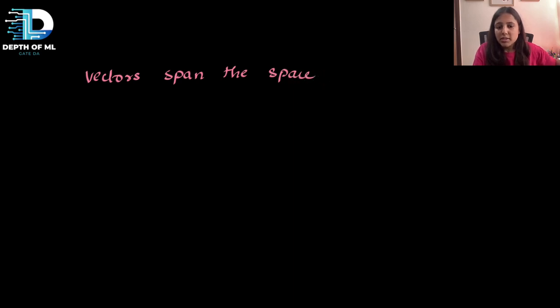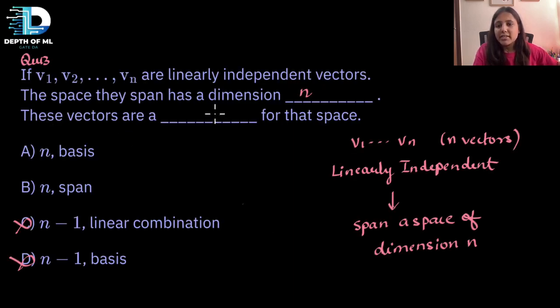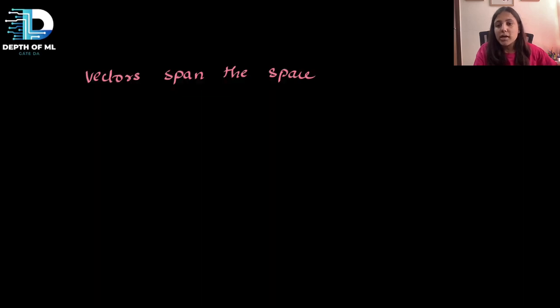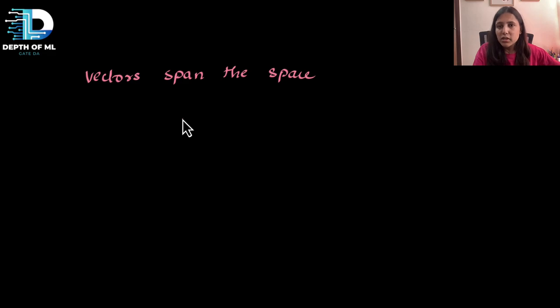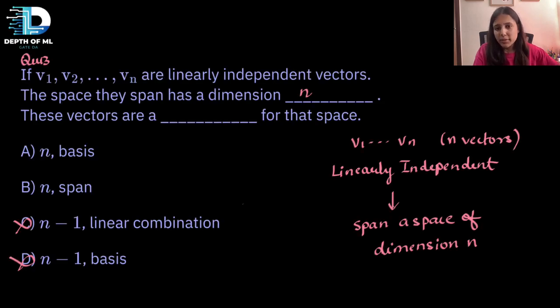A vector space is spanned by these linearly independent vectors, but it's not the case that these vectors are a span for that space. The space is spanned by the vectors; it's not the span of the space. So the correct terminology is that the vector space is spanned by these vectors. Given that this terminology is not given, this option is incorrect.